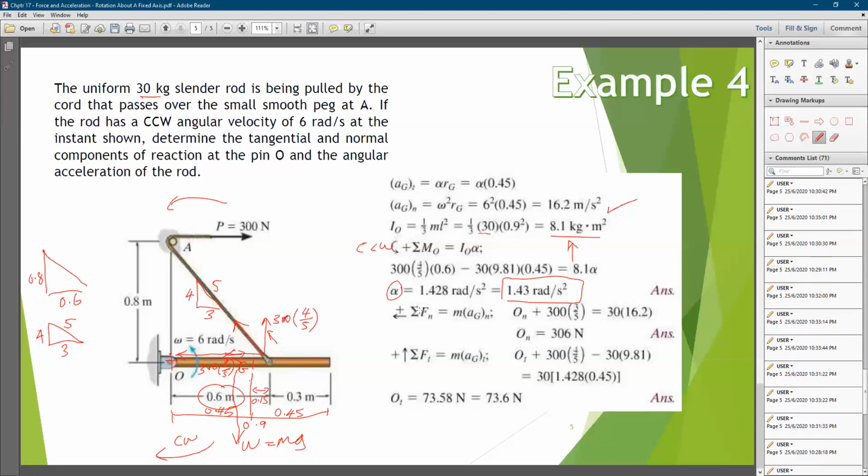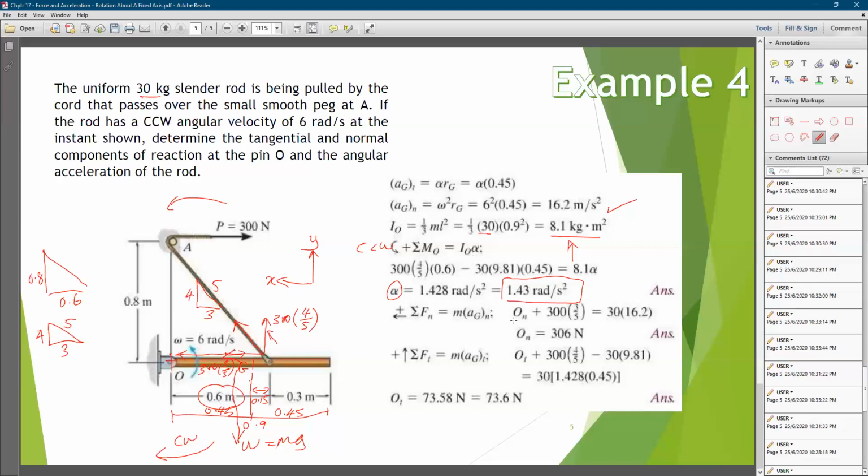And then we look into the normal force. Okay, normal force, summation of normal force, and going to the left is our positive direction. And I already put this reference axis to visualize what is going on, to make it more clear.